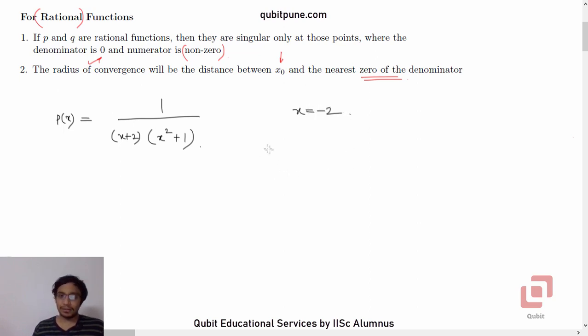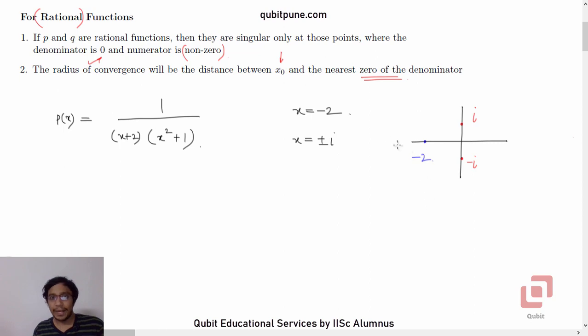But it turns out that this particular denominator also has two more zeros which are complex, purely imaginary, plus or minus i. So if I were to show these three zeros on the complex plane, then plus i and minus i will be sitting here, and the 0 minus 2 will sit here.